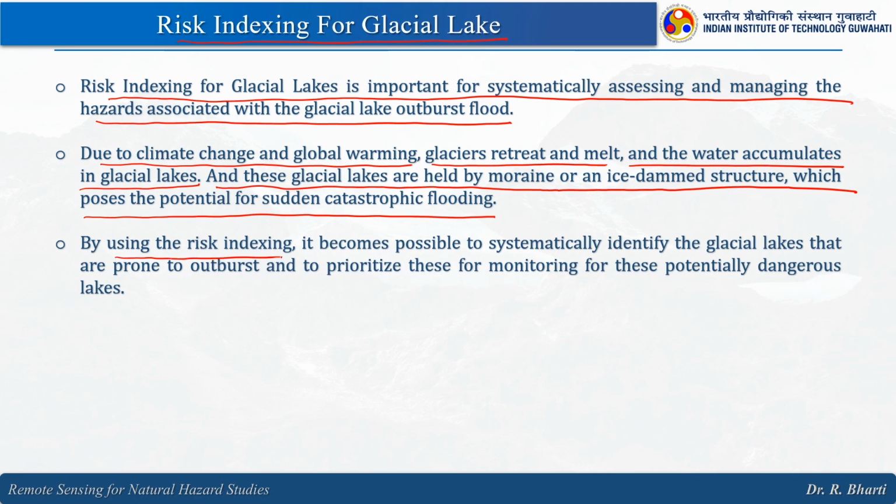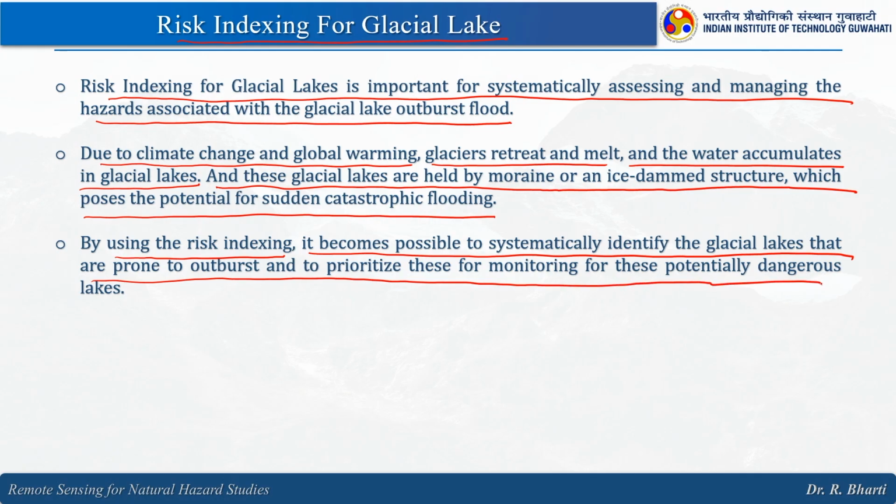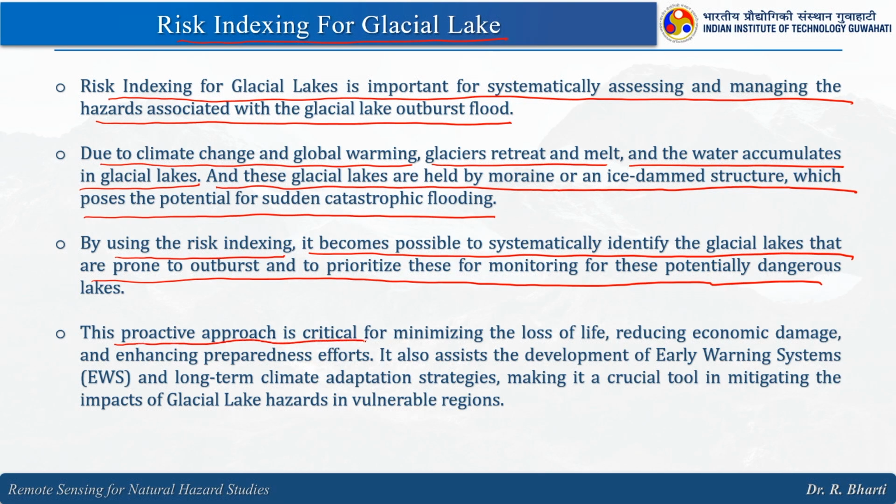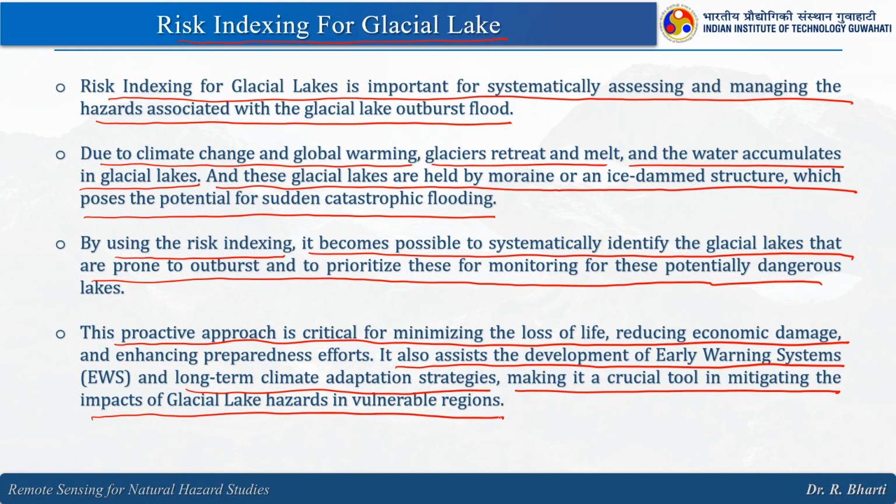By using risk indexing, it becomes possible to systematically identify the glacial lakes that are prone to outburst and to prioritize them for monitoring, using remote sensing data sets or field investigation. This proactive approach is crucial for minimizing loss of life and saving property. It also supports the development of early warning systems and long-term climate adaptation strategies, making it a crucial tool in mitigating the impacts of glacial lake hazards in vulnerability analysis.